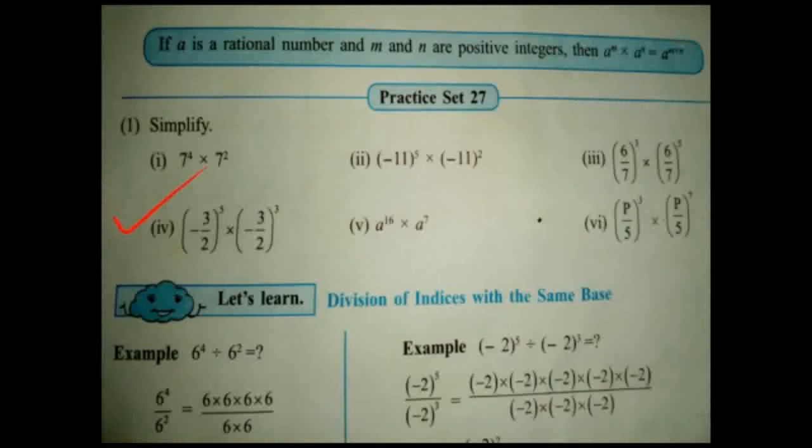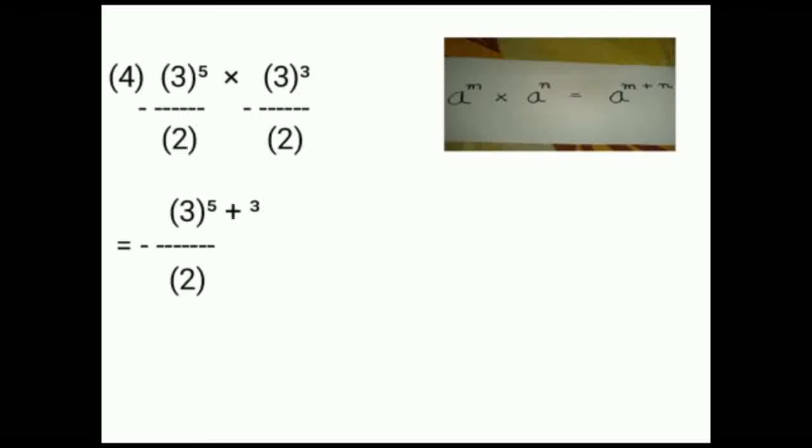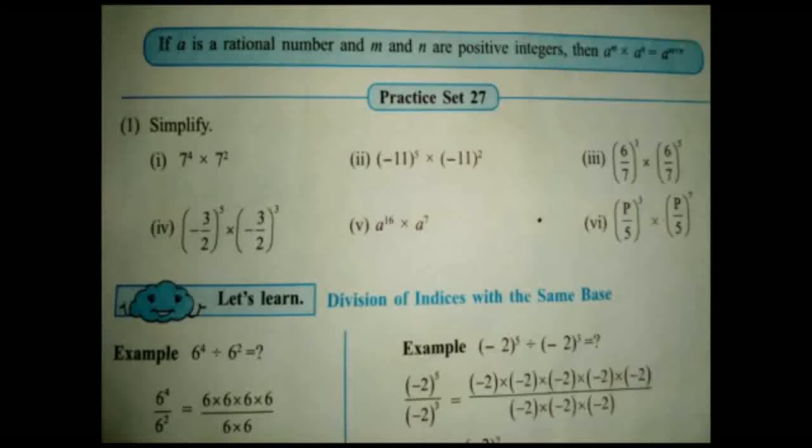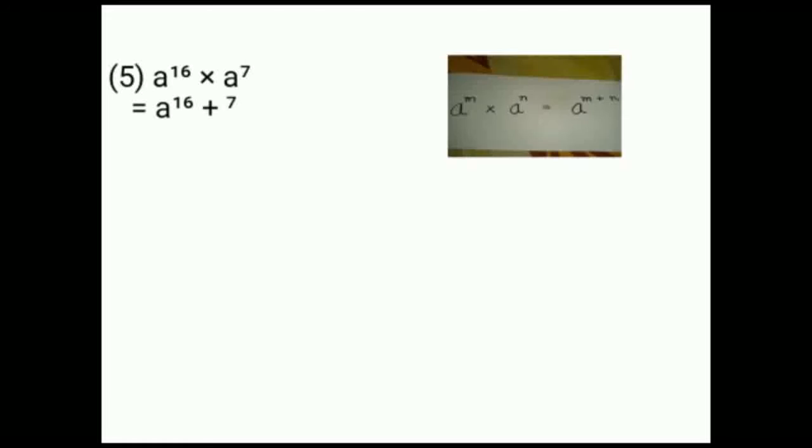Next, minus 3 upon 2 raised to 5 into minus 3 upon 2 raised to 3 is equal to minus 3 upon 2 raised to 5 plus 3. Correct answer is minus 3 upon 2 raised to 8. Next, a raised to 16 into a raised to 7 is equal to a raised to 16 plus 7.